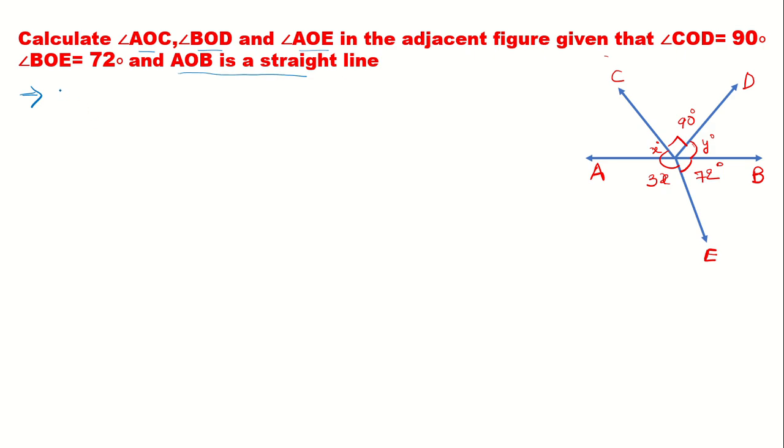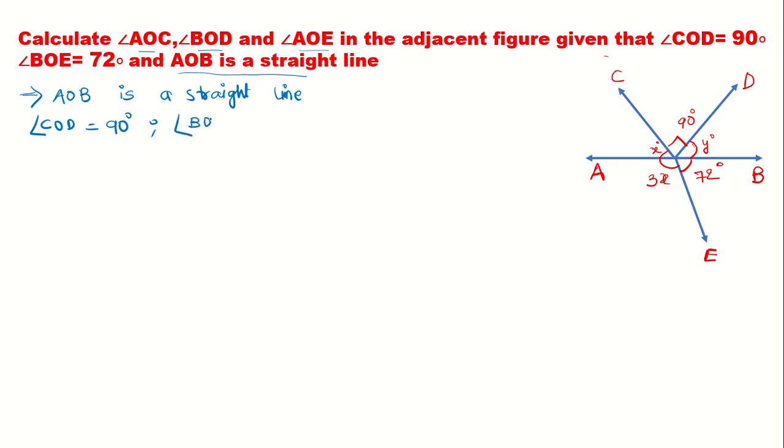First, write down given AOB is a straight line. Okay. First, write down whatever is given in the question. It is given that AOB is a straight line. Now it is given that angle COD is equals to 90 degrees.